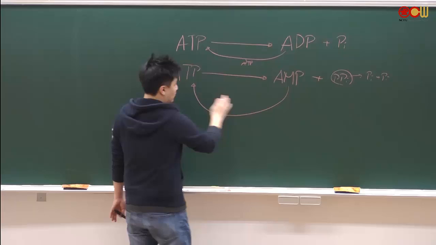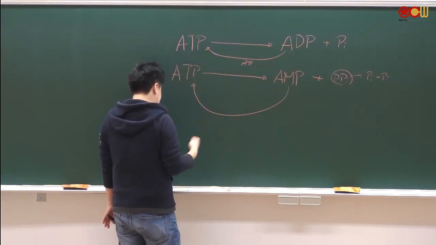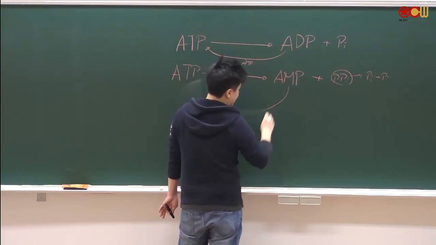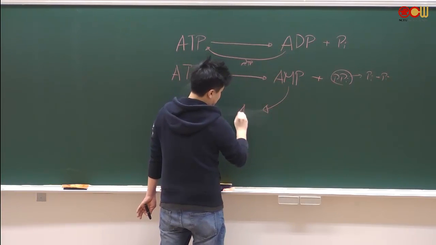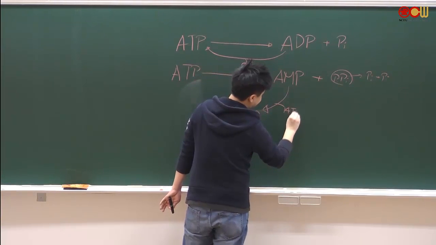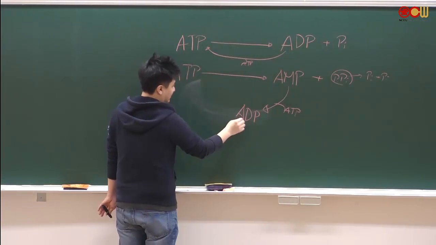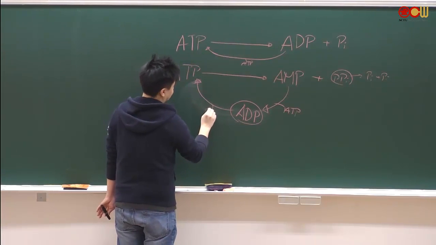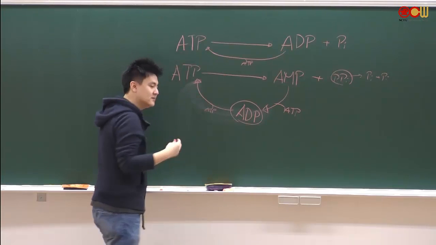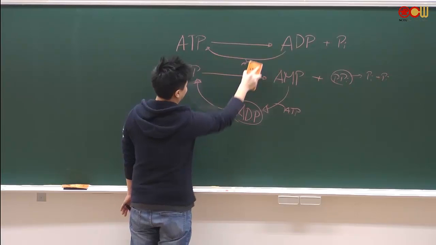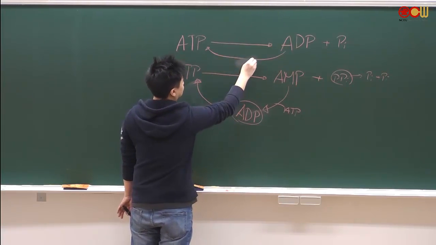But here, to get AMP back to ATP, you first need to take AMP to ADP, the diphosphate. Here you use ATP, and then go from ADP to ATP, and then you use another ATP.